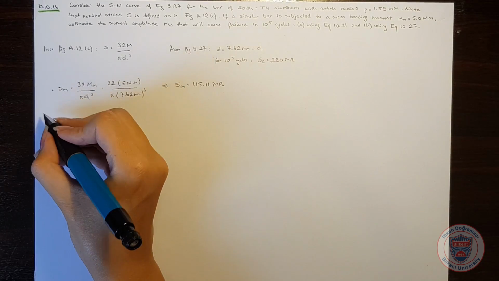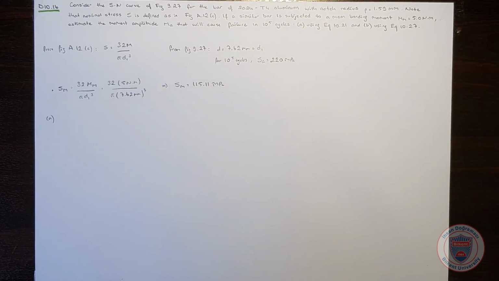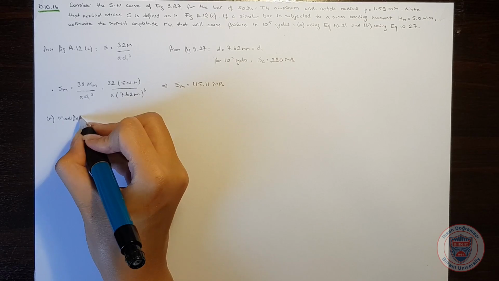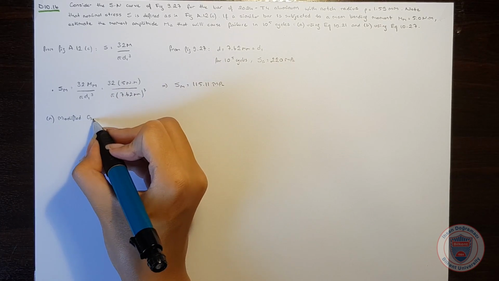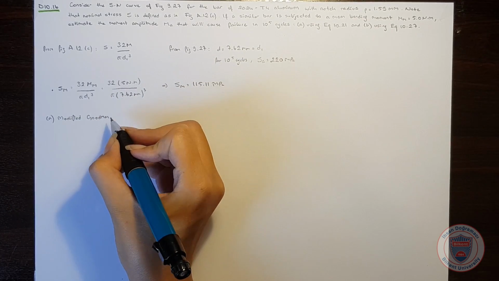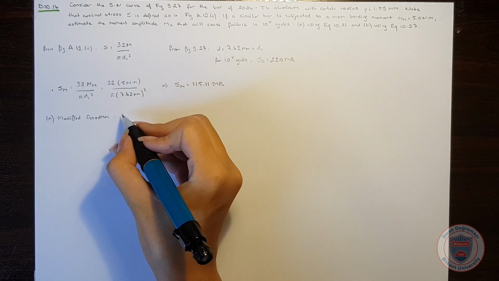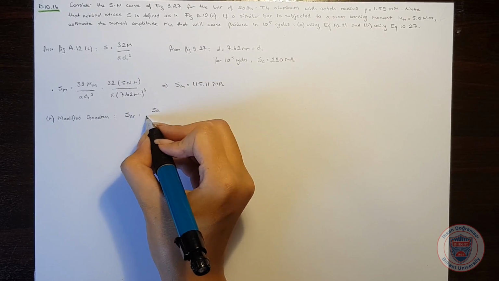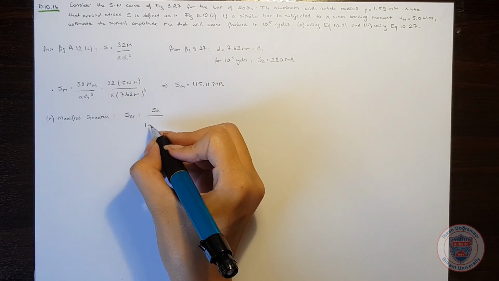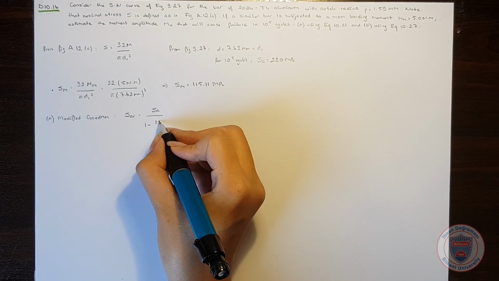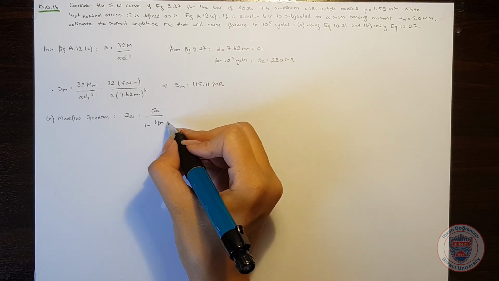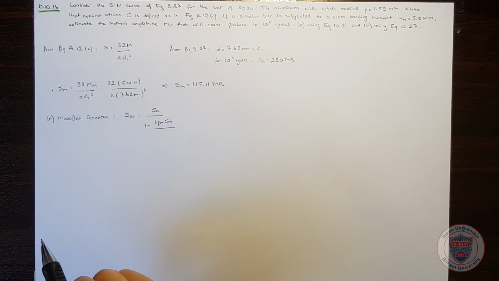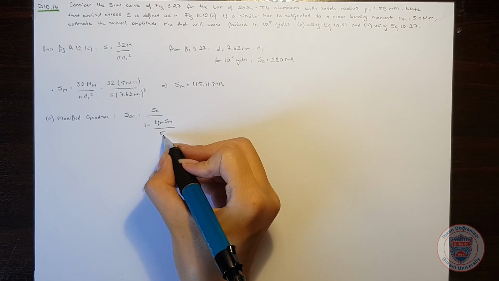So we can start with part A. According to the modified Goodman model, we know that the SAR will be equal to SA over 1 minus KFM times the mean nominal stress over sigma u.